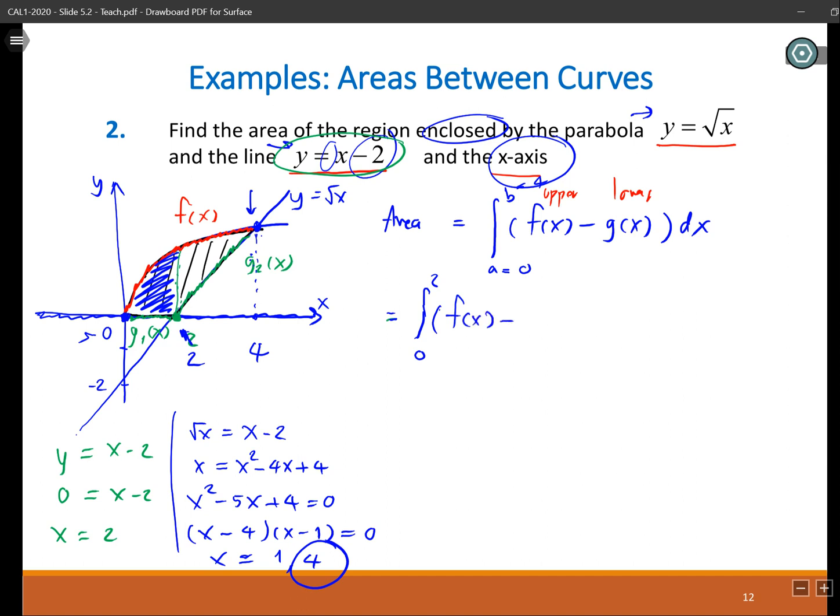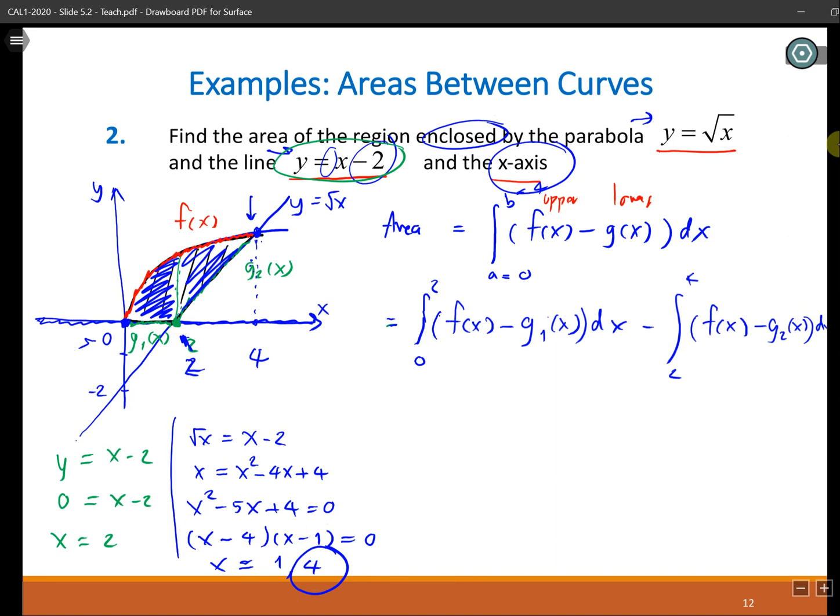Minus the lower function at this point is g1(x), which is the x-axis. Now, the second section starts from 2 to 4, this region, starting at 2 and ends at 4. Upper curve, same f(x), but the lower curve is different. This is g2(x).